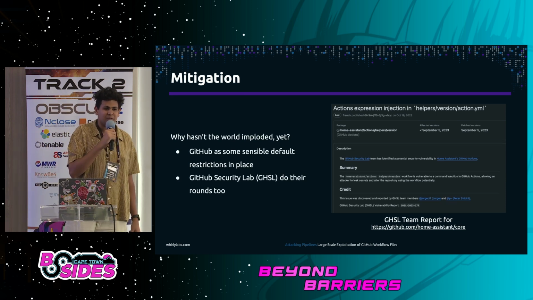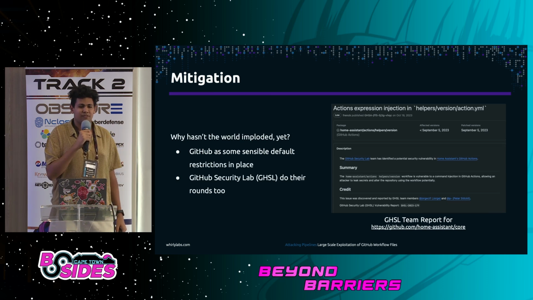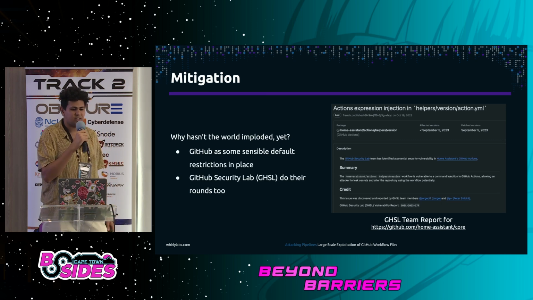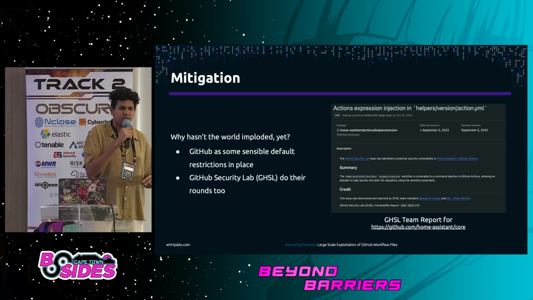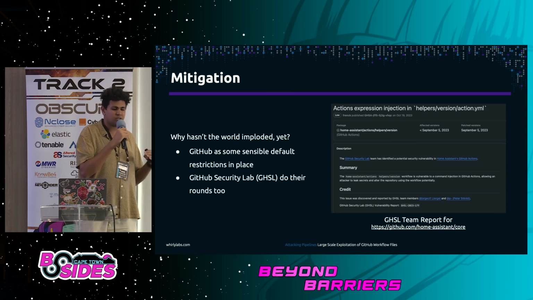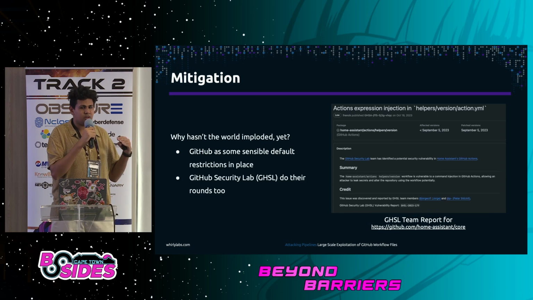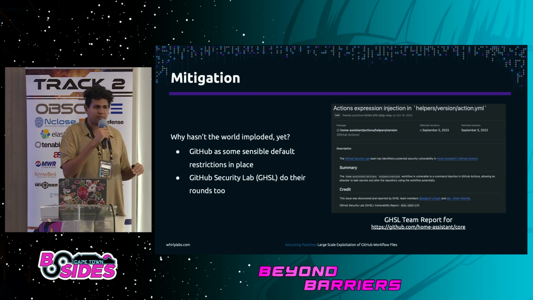at least from now, GitHub has a few security configurations in place. For example, for any organization made in or after 2022, their newly created repos have tokens set to read-only by default.